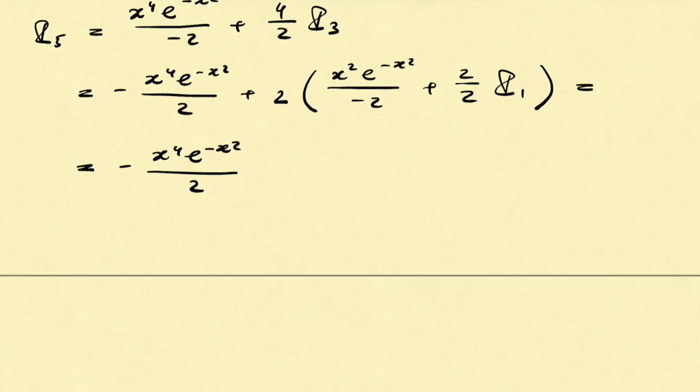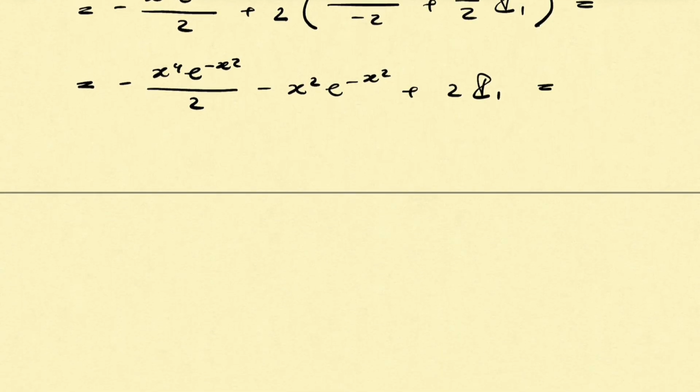We cancel 2 here, and we are left with minus x² e^(-x²) plus 2 times I_1. Now it remains to calculate I_1, and we can do this from the definition.